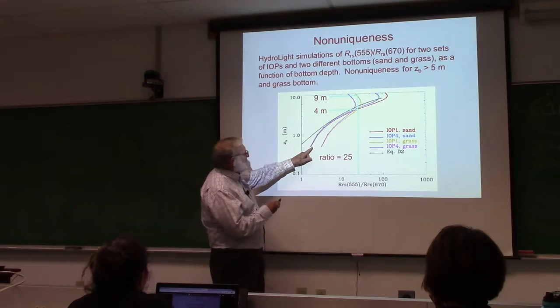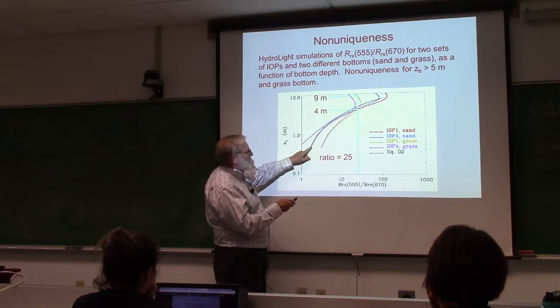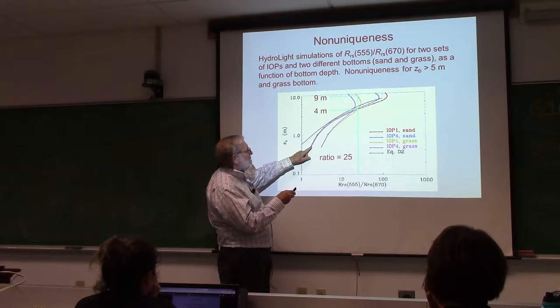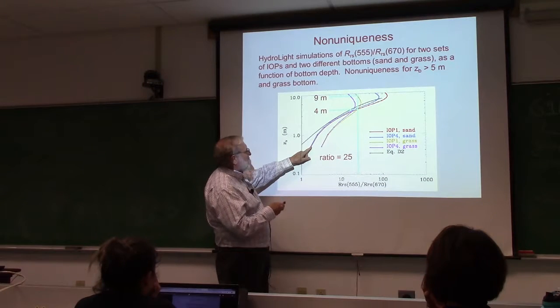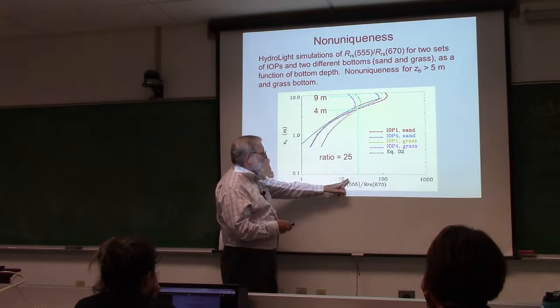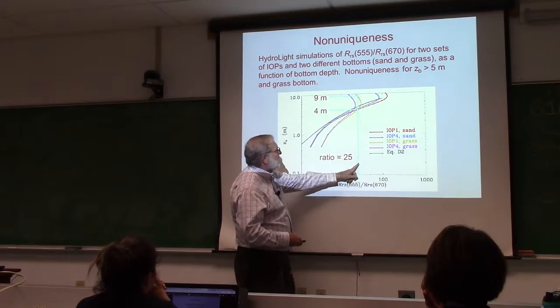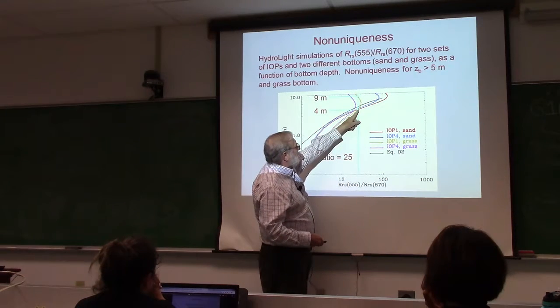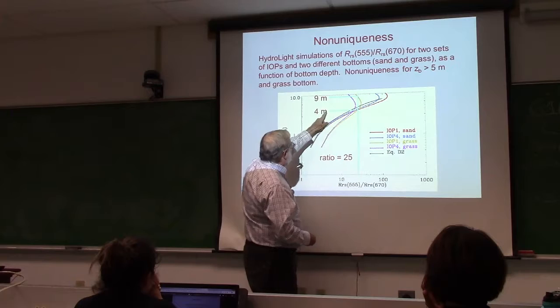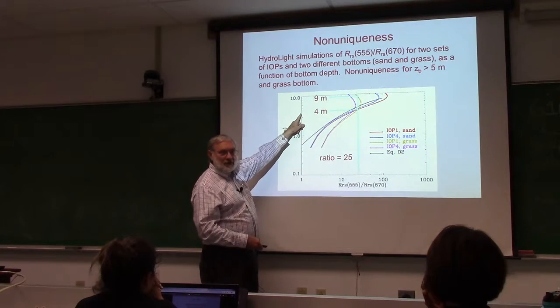Okay, so the red curve here is one set of IOPs, sand bottom, and the blue curve's the other set of IOPs in the sand bottom. So if we had that ratio of 25, we would come up, hit the red or blue curve, come across and say, oh, the water's 4 meters deep.